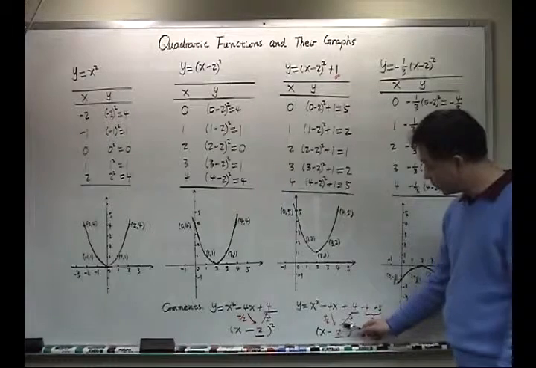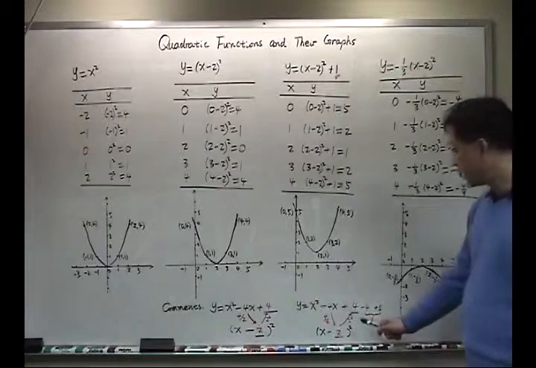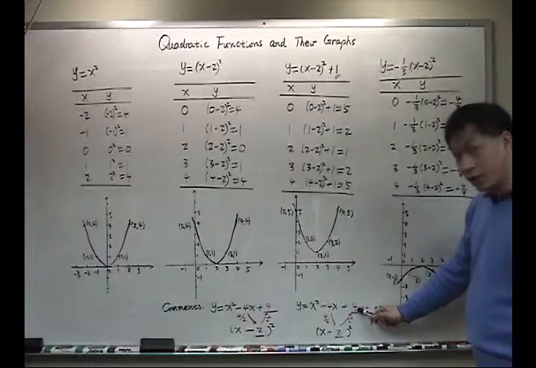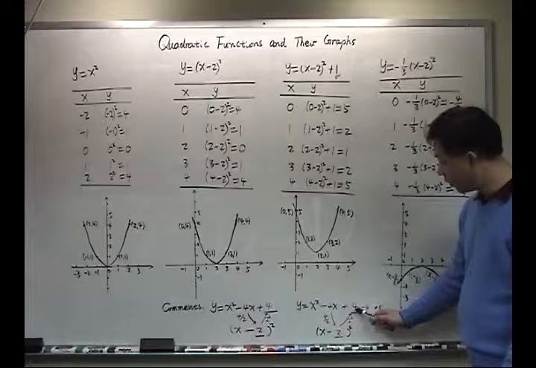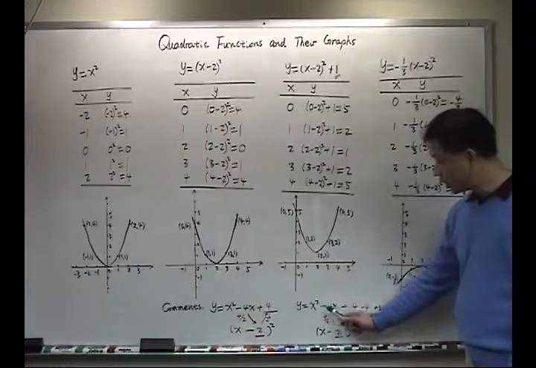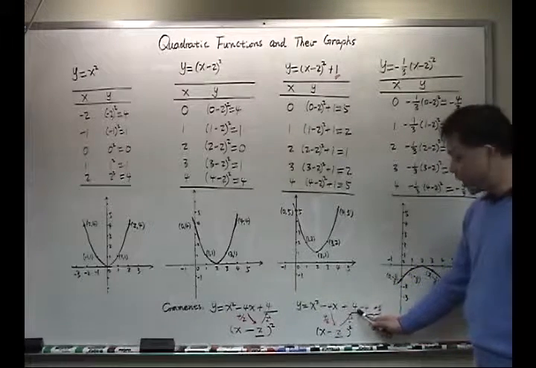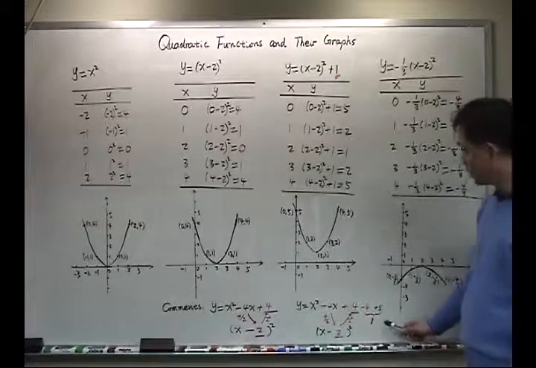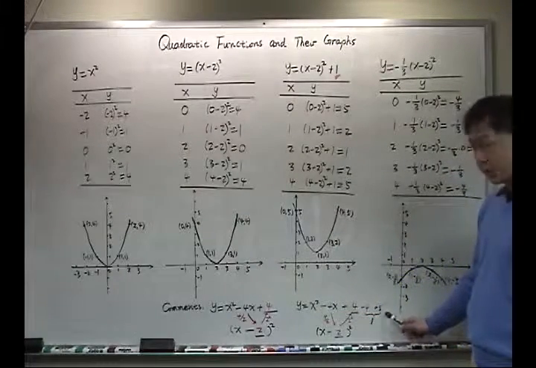And then you square this 2, you have a 4 here. Okay? Originally, we just have x squared minus 4x plus 5. You add a 4 here, you have to minus 4 to cancel this 4, because originally we don't have a 4 here. If you add 4 here, you have to minus 4.